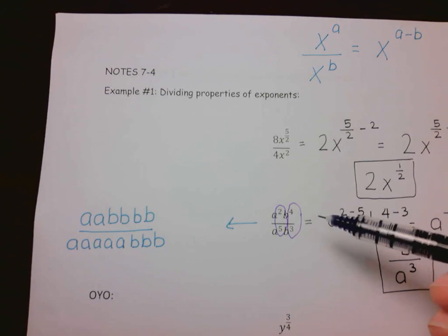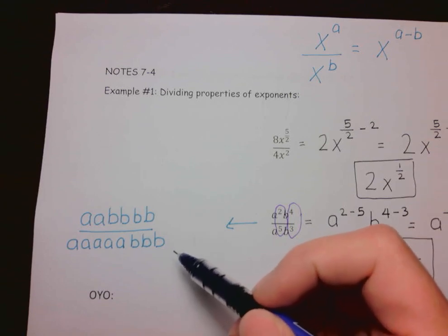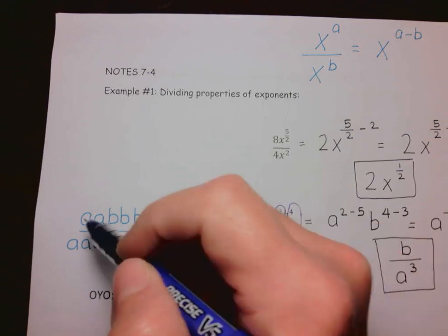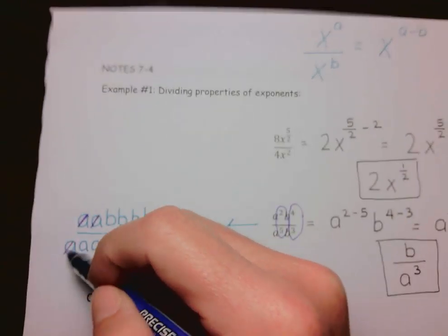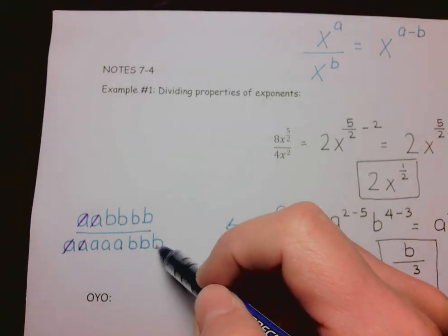So what happens if I go through this and reduce or simplify this fraction? Remember, anything over itself is 1. So I can cross off 2 a variables from the top and 2 from the bottom.